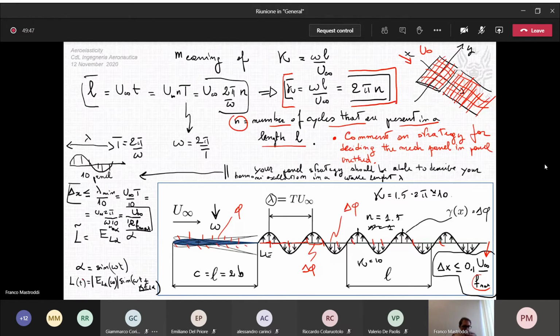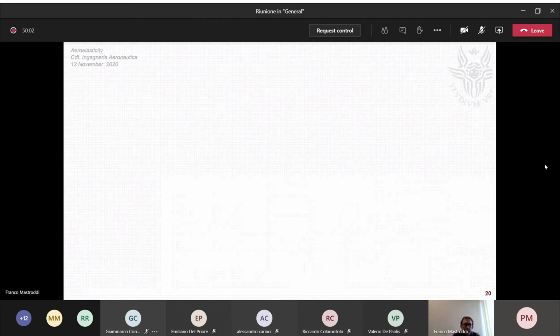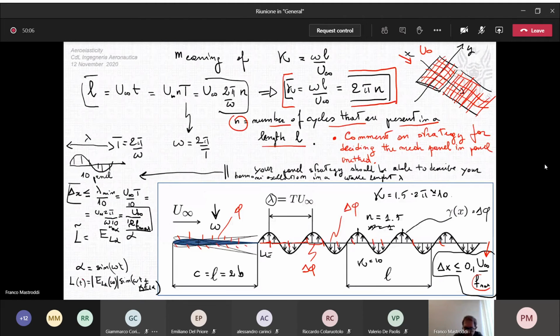Now, this is a first point of our discussion today, a first complementary point for you. I have another complementary point for you concerning our aerodynamics. We have complementary point number 1, which is the meaning of K and related issues.